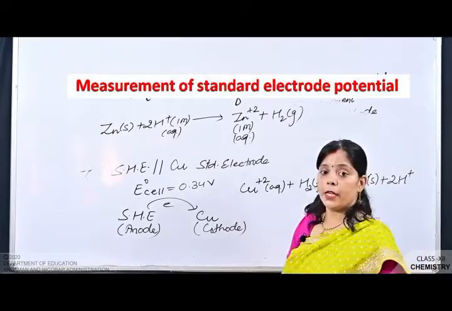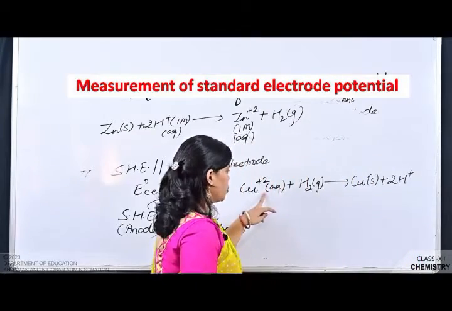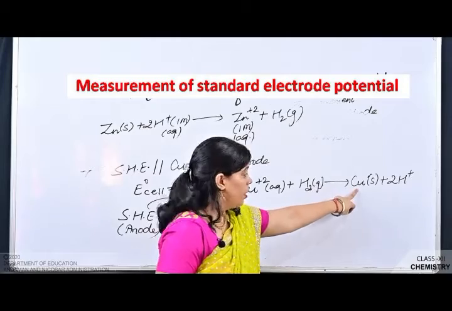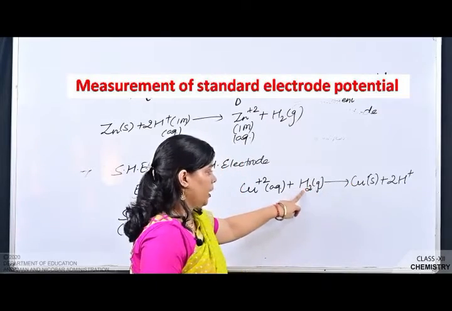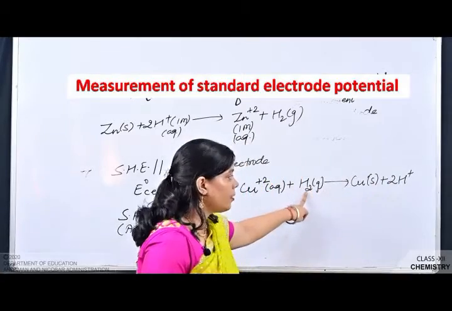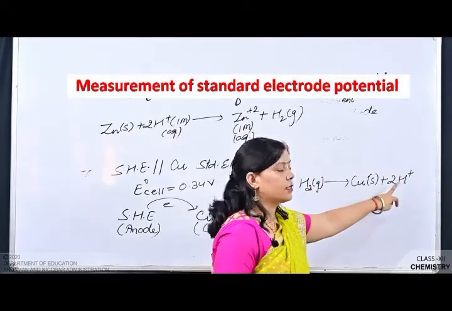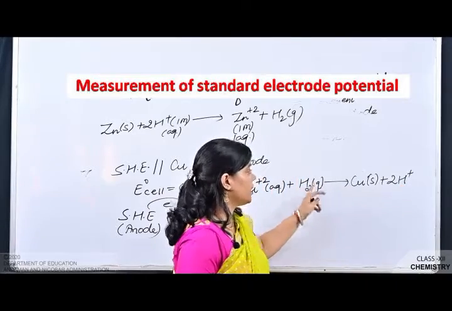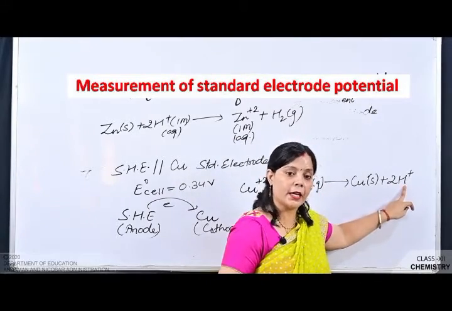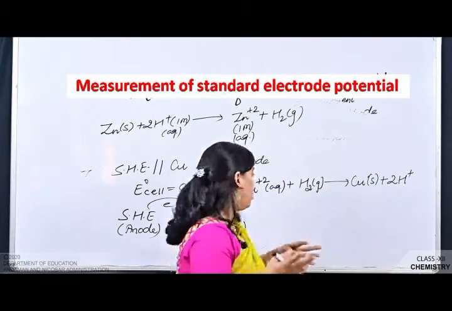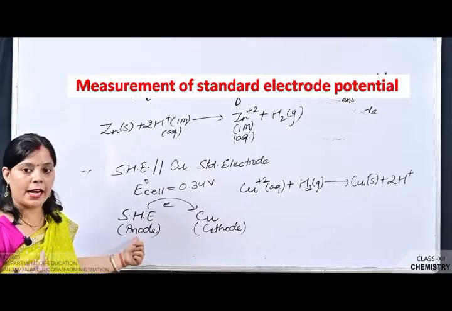So the Cu2+ undergoes the reduction reaction and the H2 undergoes the oxidation reaction. The standard hydrogen electrode is acting as an anode, because here the oxidation is taking place. The hydrogen gas is converted into H+ ions by the liberation of 2 electrons, and here the oxidation is taking place. So the standard hydrogen electrode is acting as an anode.